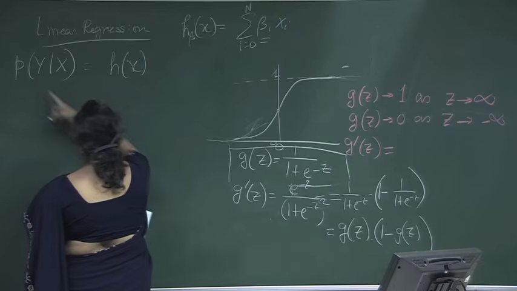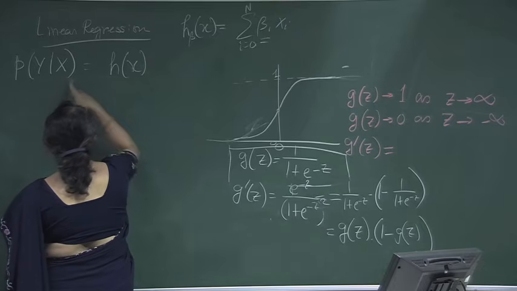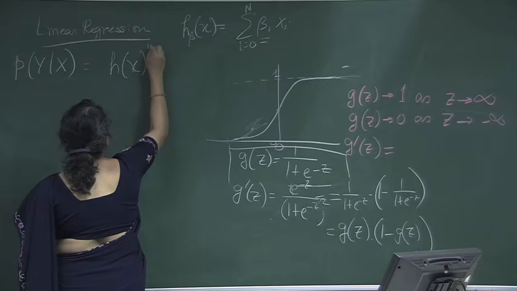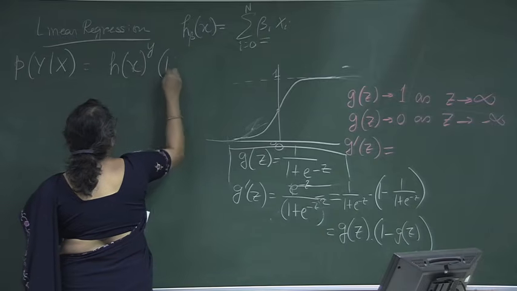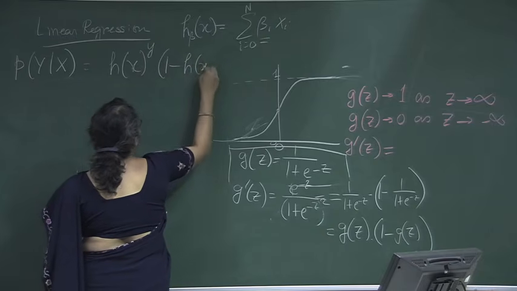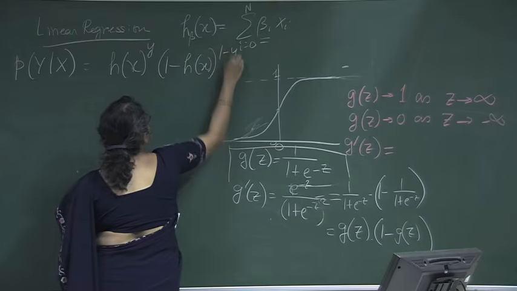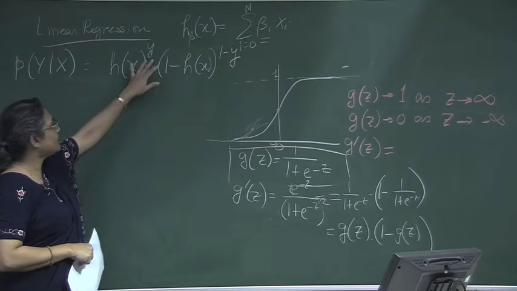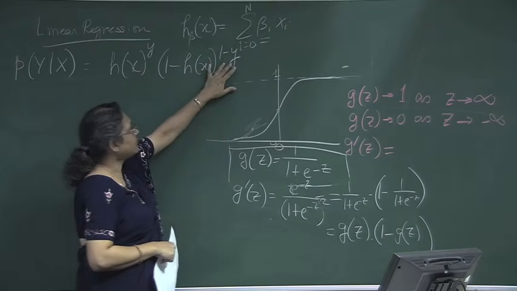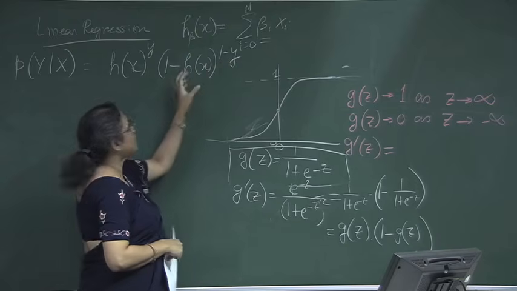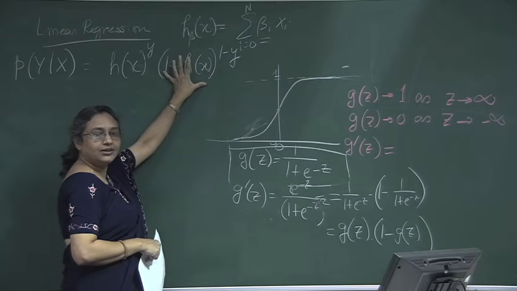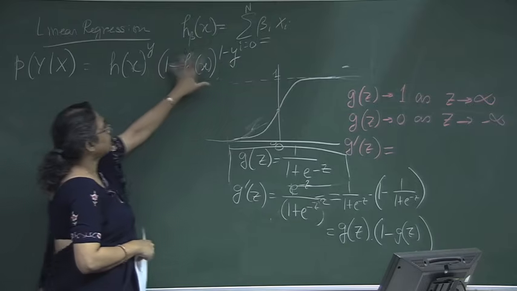So, we can write the distribution of y given x as h(x) to the power y times 1 minus h(x) to the power 1 minus y. If y is 1, 1 minus y equal to 0, and this factor will not be there. This factor will be 1.